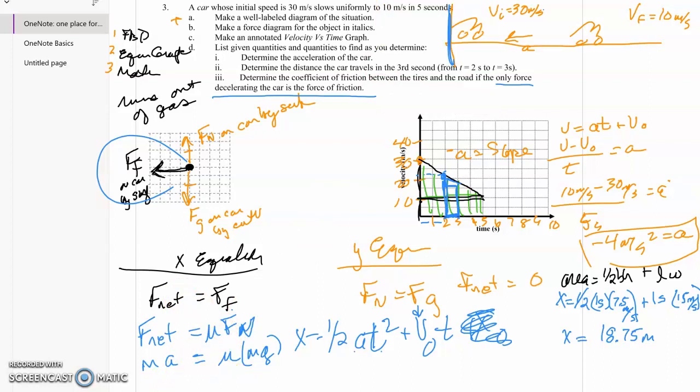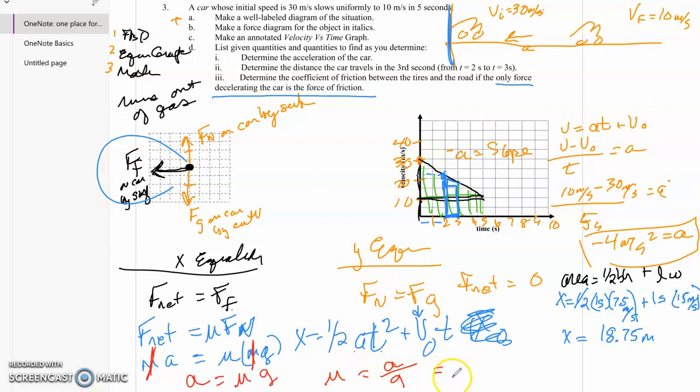We have mass here and here. So if I look, I notice that I wasn't given the mass of the car, and that can kind of be upsetting. When you see that you're not given mass and you start to feel like you're going to have to fret because you don't have it, look for an opportunity for it to cancel out. So now acceleration just equals mu g, or mu equals a over g.